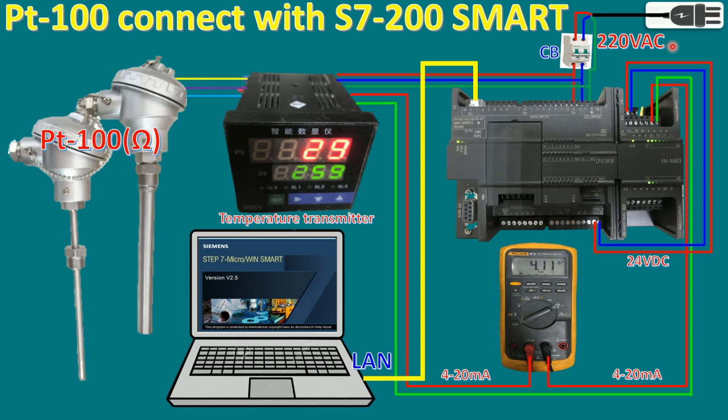and I will provide 220 volt AC to supply the PLC and the temperature transmitter, and I will use the software Simultaneous Step 7 MicroWin Smart version 2.5 and WinCC flexible to simulate the screen to show the actual temperature.